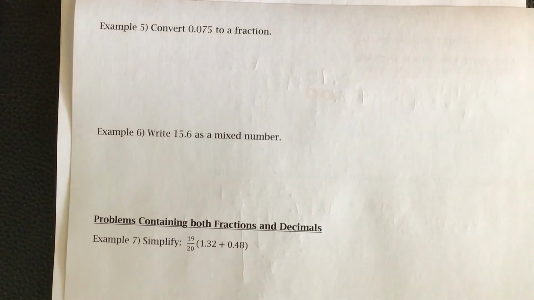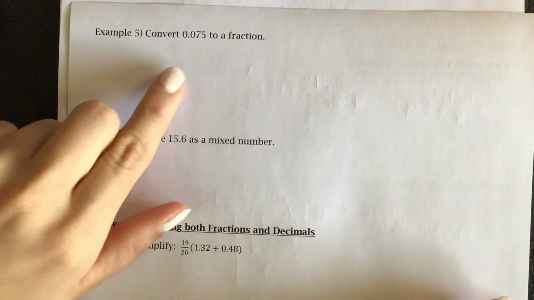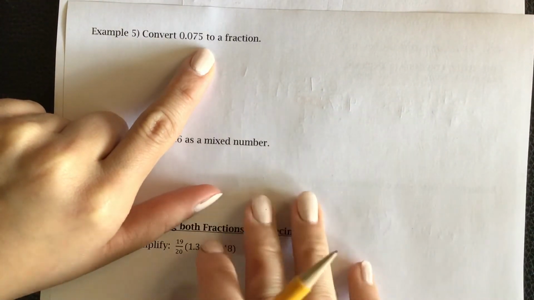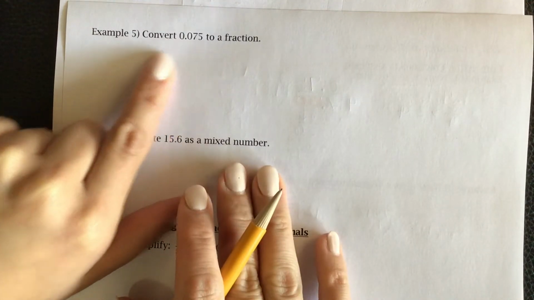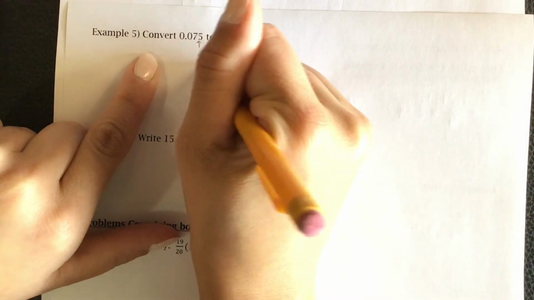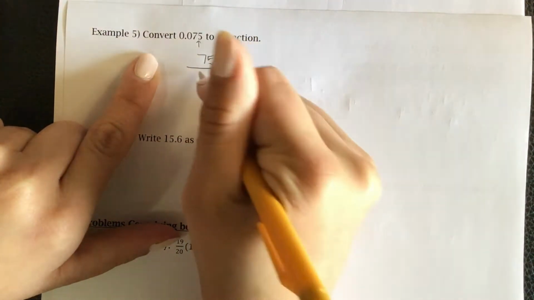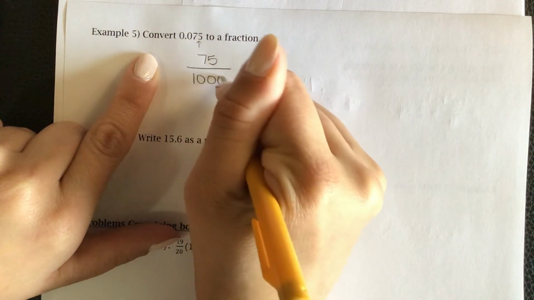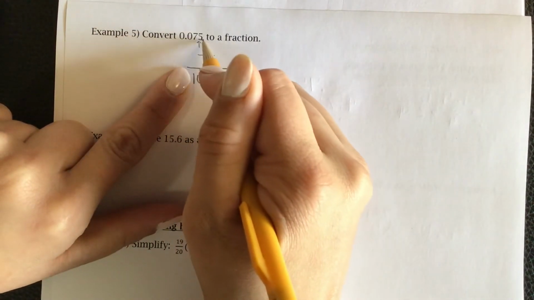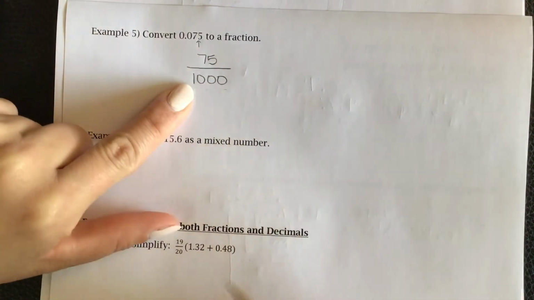Let's try another one. We have 0 and 75 thousandths, and we want to convert it to a fraction. So because it's in the thousandths place, we're going to write 75/1000. Because I know it's tenths, hundredths, thousandths, that's what's going to decide this here.